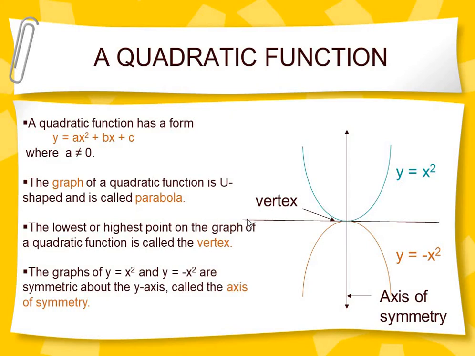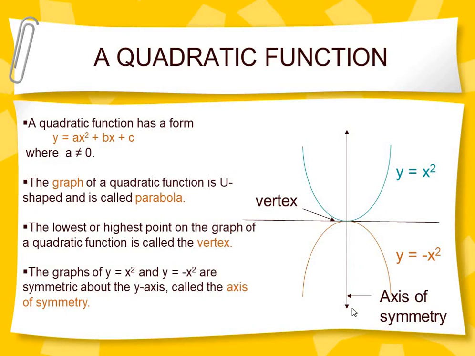Now, we can describe the vertex by saying it has a minimum value or a maximum value. The vertex is a minimum if the parabola looks up. The vertex is a maximum if the parabola looks down.